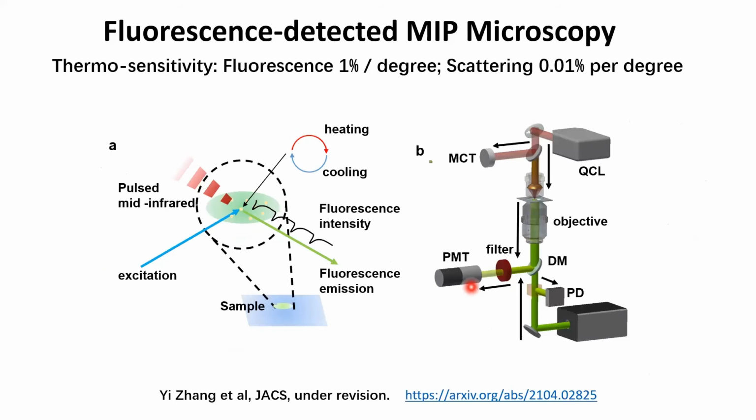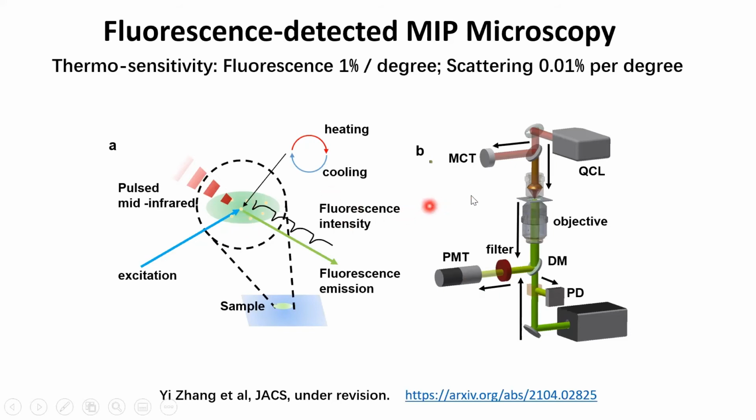So it's 100 times bigger. Under the assumption that we have enough fluorophores in the sample, we can monitor the fluorescence intensity modulation rather than the scattering. And this should give a much higher signal-to-noise ratio because the modulation depth is much bigger.